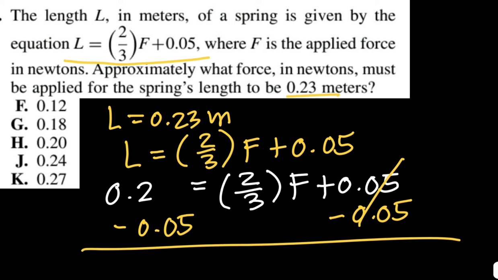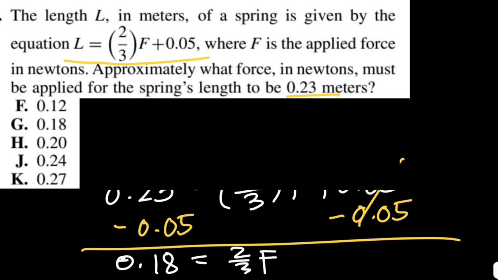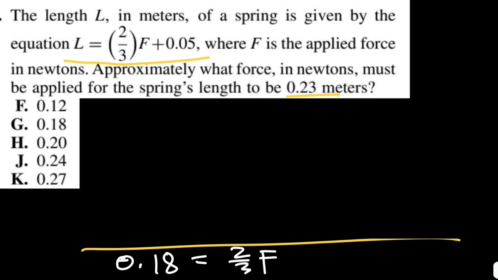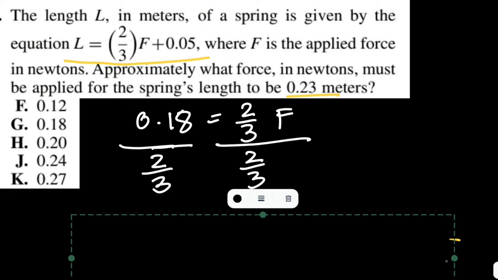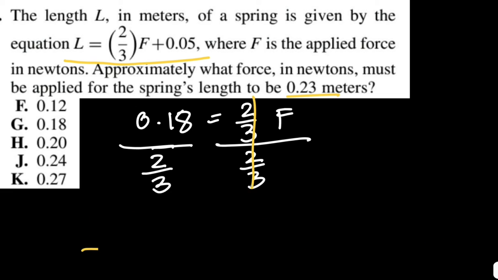So 0.23 minus 0.05 is just 0.18 equals 2/3 F. And then we divide both sides by 2/3. And this cancels out.